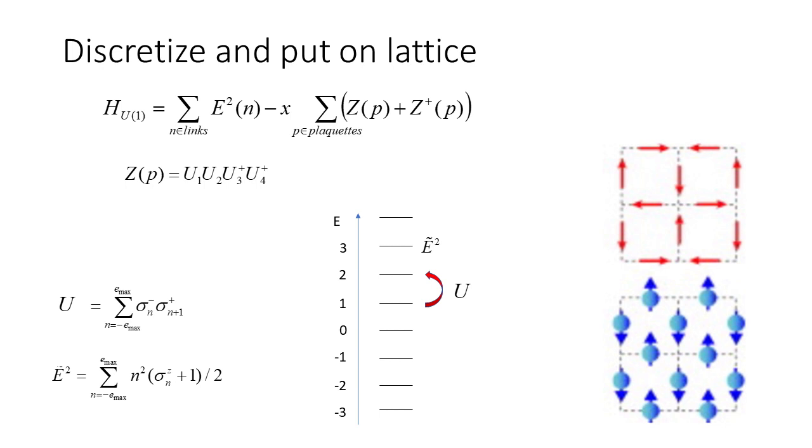And this would just be the square of the electric field. And then these are hopping terms, which means they change the electric field in this square configuration. This Z here is the product of 4 of these U's, and each U is something that shifts the electric field by 1.